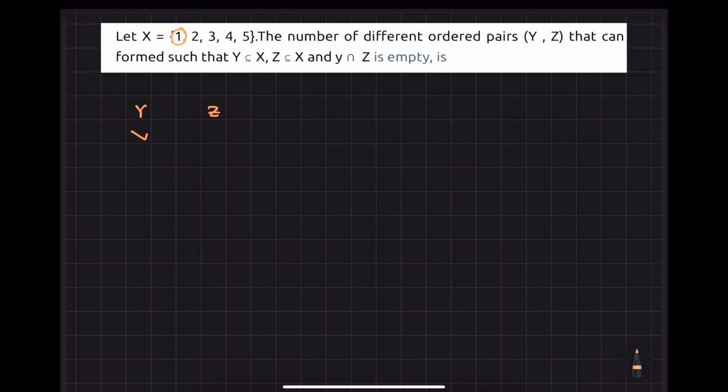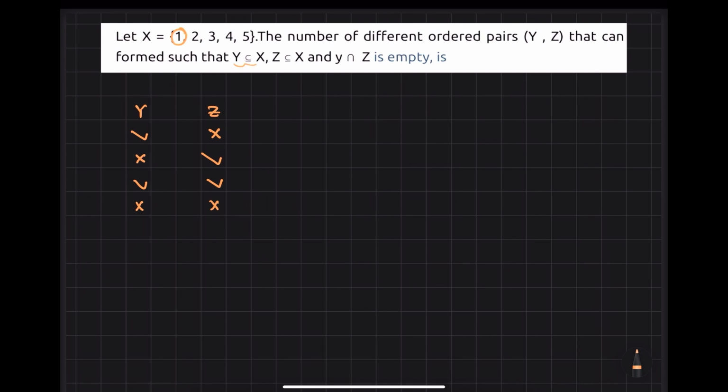You can put it in set y and ignore set z, or you can ignore set y and put it in set z, or you can put this element in both set y and set z, or you can not put that element in any of the sets. So for a particular element, you have these four choices.